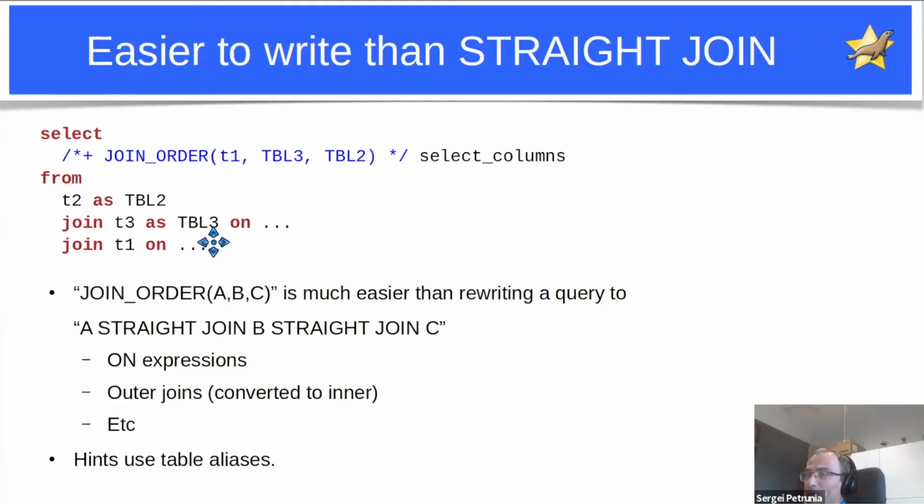The workflow is typically like this: if we get a large query that picks a join order and we try to use straight join syntax, we swap the tables and end up with a query which looks similar, but it's not trivial to say whether the new query is identical to the old one, because the conditions and tables are moving around heavily, and even some optimizations are done manually, such as conversion of outer join to inner.